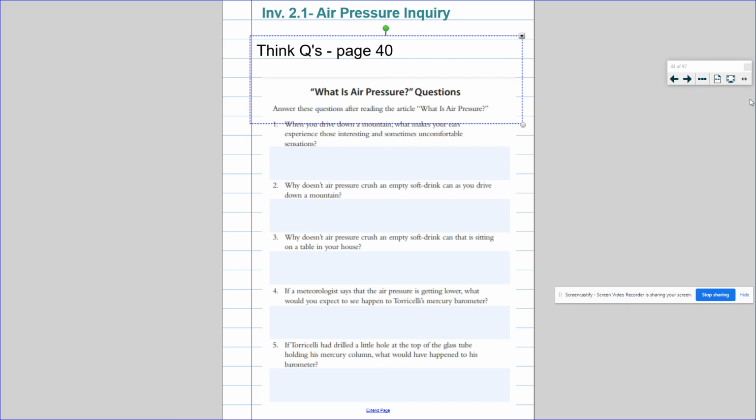And then your assignment for tomorrow is to finish the reading if you haven't done so already and answer these questions. So make sure that you write down in your planner that you need to do the reading if you need to finish it or answer these think questions.